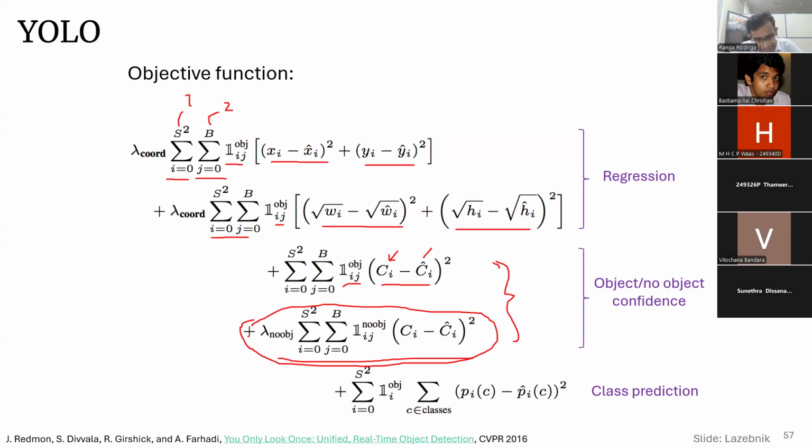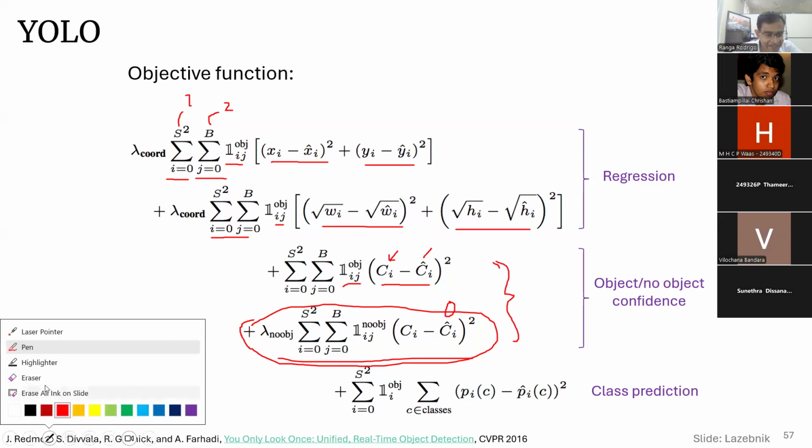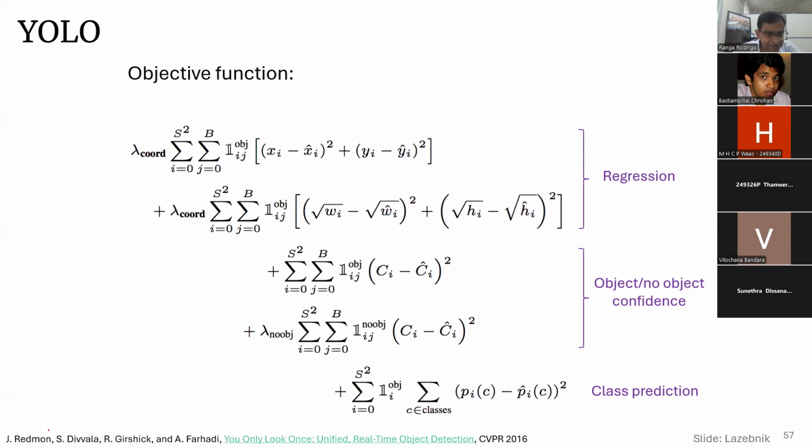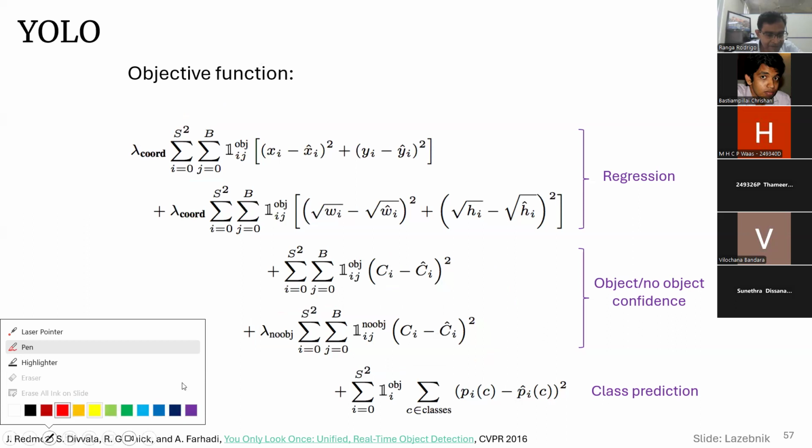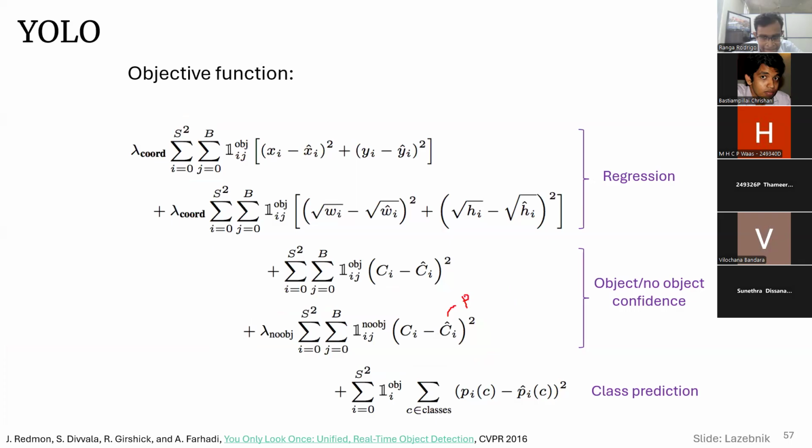That means for areas that do not have objects, like background, yeah, now I think I remember, they want to force the object confidence to go to 0. For no object ones, the ground truth will be 0. They want the predicted one, I'm sorry, the hat is the predicted one, to be 0 for no object.